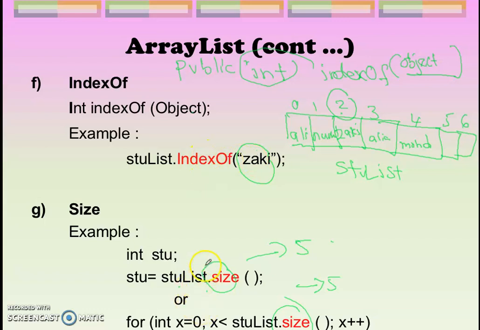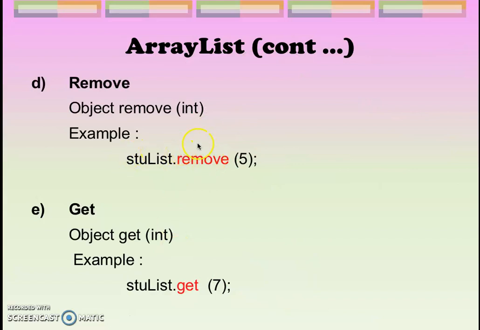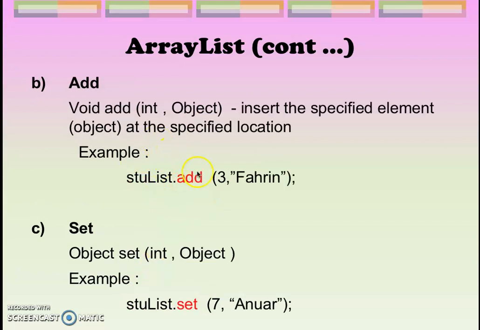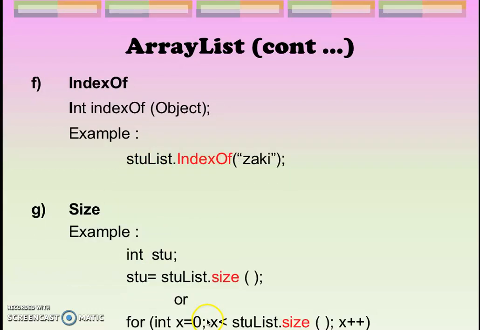You can see that before we use any method, dekat depan, this one is index of our method's name. So kat depan dia ni mesti nama rumah kita or nama array list. Nama array list is tulis, right? Same goes to this. We want to use remove. So kat depan kita nama rumah tulis.remove, tulis.get, tulis.add, tulis.set.